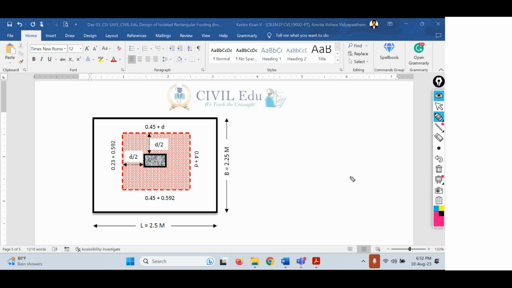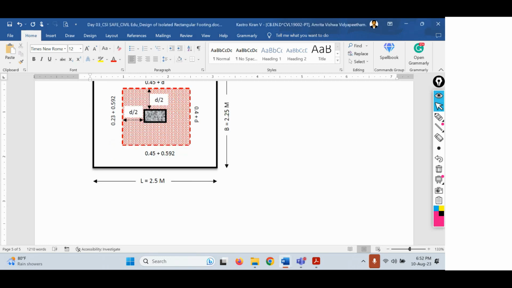Right. So from this, we have to calculate the same shear value, the V value. Shear along the width direction, that is the two-way shear calculation, capital V equals the same formula: upward soil pressure into the width of the footing, let me call it B, into the length of the footing, minus (0.45 plus d) into (0.23 plus d).